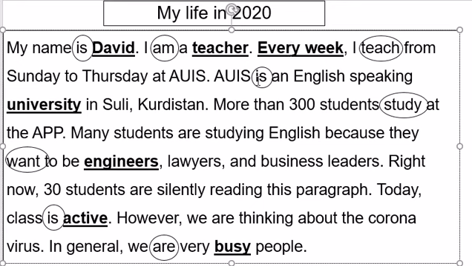So same thing with the next sentence, AUIS is an English-speaking university. Is that true? Yeah, it's true, it's a fact. Will it change? Will it change to a French-speaking university? No. So it's a fact, it describes it, present simple. All right. So how do we know?